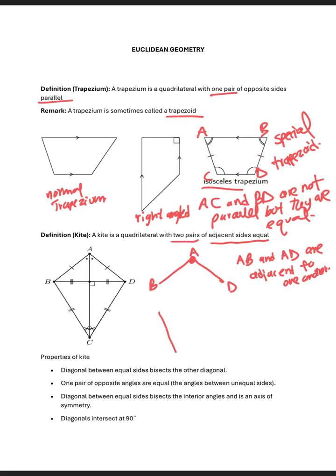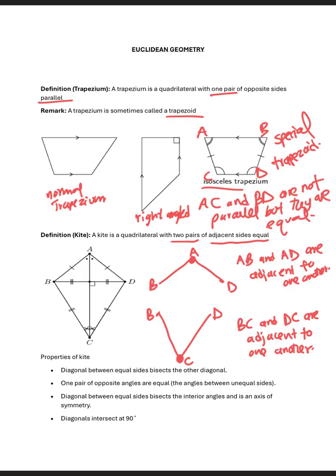So we also have the vertex here, and then we have B, we have C here, and then here we have D. The sides BC and DC are adjacent to one another because they share a common vertex at C, as we can see, right?